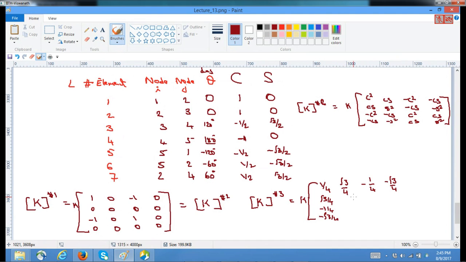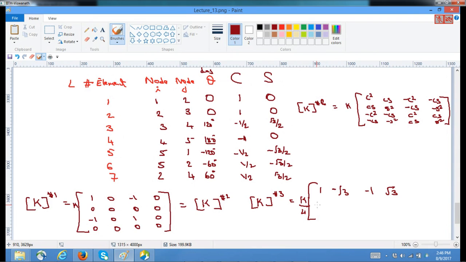And let me take 1 by 4 as common, so that we can get rid of the fractions. This would be 1, this is minus root 3, this is minus 1 and plus root 3.